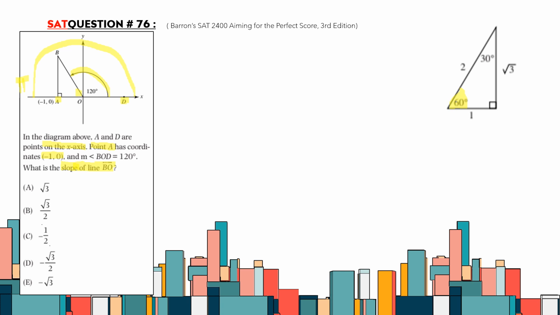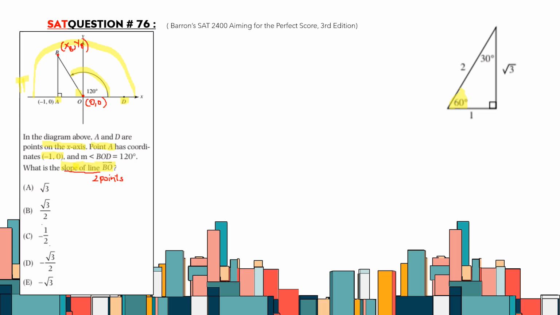To find the slope of the line, we need 2 points. First of all, we need point 0, 0 here, point O. We have to know that, okay? Next, we need to know what is x sub b and what is y sub b. We need those 2 points.